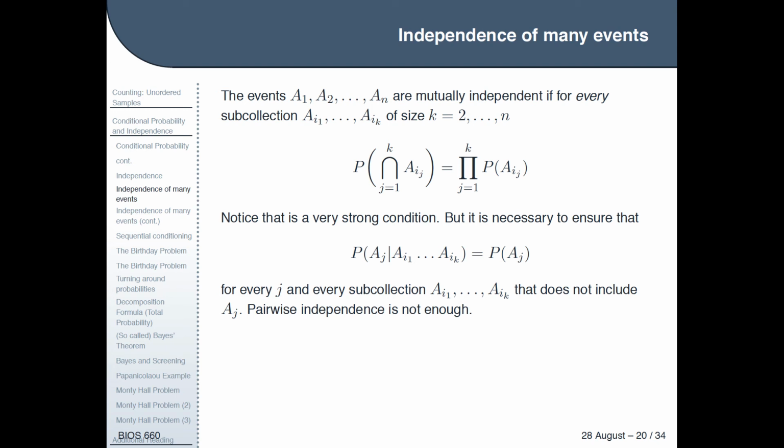And note that this has to be true for every possible subcollection. Just because every possible pair of events is independent, that does not imply that the events are mutually independent. And only if this condition is satisfied can you get the probability of AJ for arbitrary J given all of the other events is just equal to the probability of AJ.